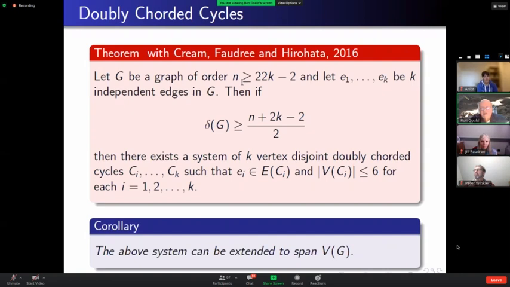And again, the cycles are all small cycles, less than or equal to 6 in order. And a corollary: again, we can extend these cycles to span the entire vertex set because that degree condition is plenty big.